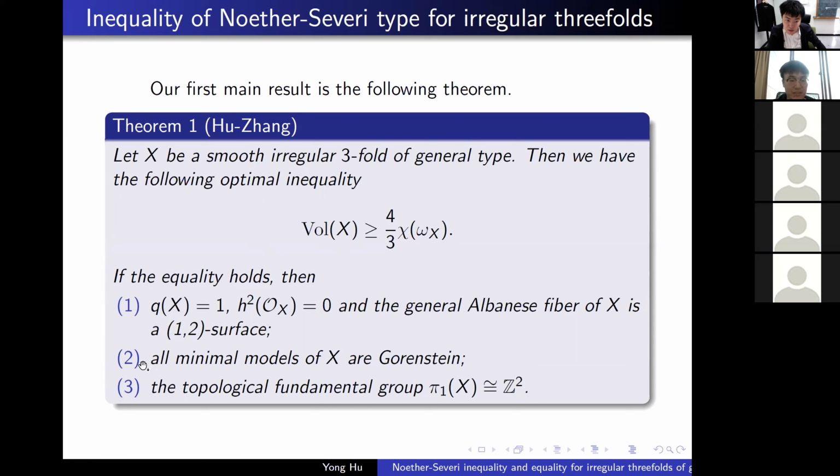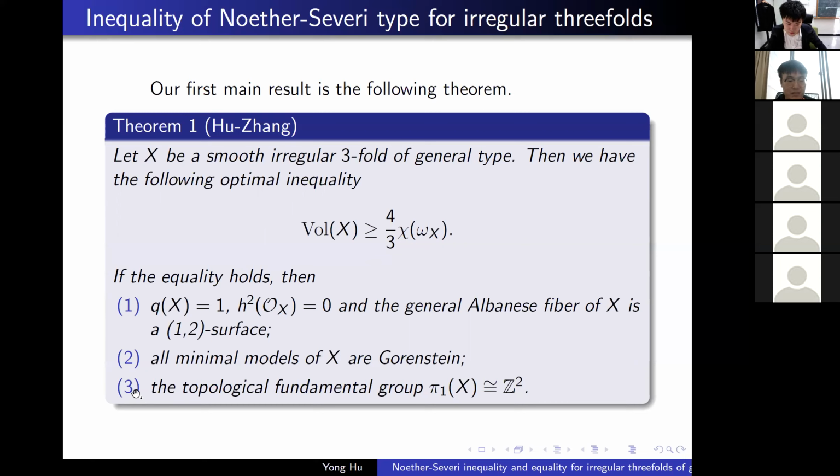The second statement is that all minimal models of X are Gorenstein. So if we run the minimal model program for X and get a minimal model, all the minimal models are Gorenstein. This means that the canonical divisor of the minimal model is Cartier.